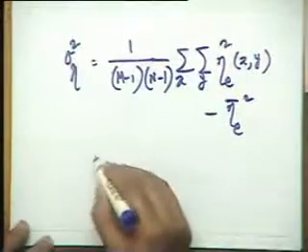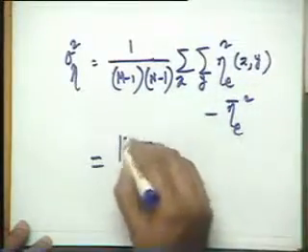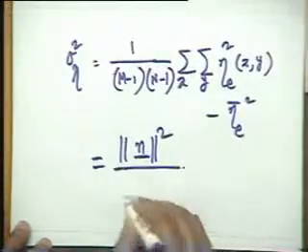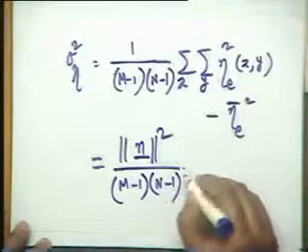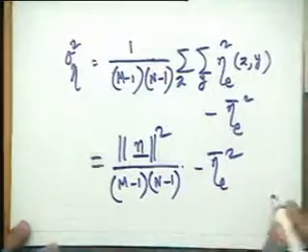And this expression can be written as norm of n square divided by (m minus 1)(n minus 1) minus mean noise eta e bar square.